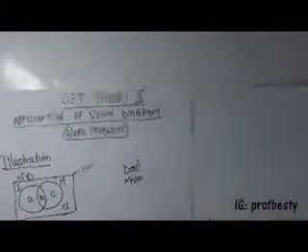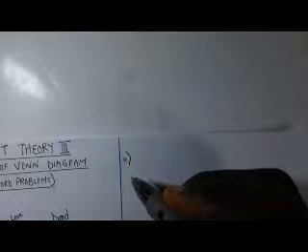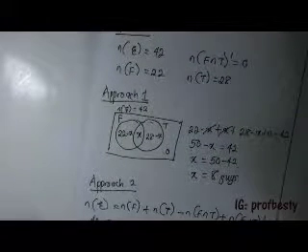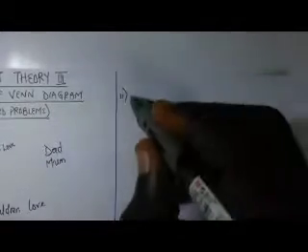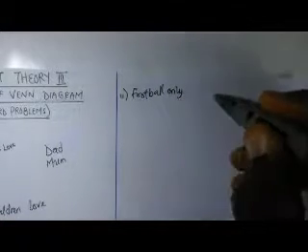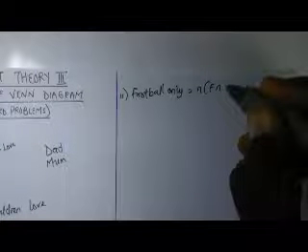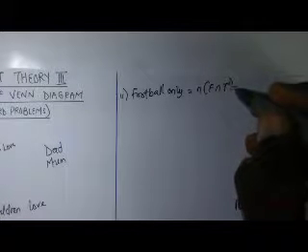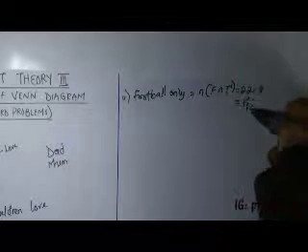The second, Roman figure 2, says we should find how many play football only. That is quite easy. Just come back here and ask yourself, football only would definitely be 22 minus X. My X is 8, so my football only, N of football but no tennis, is 22 minus 8, which is 14 guys.